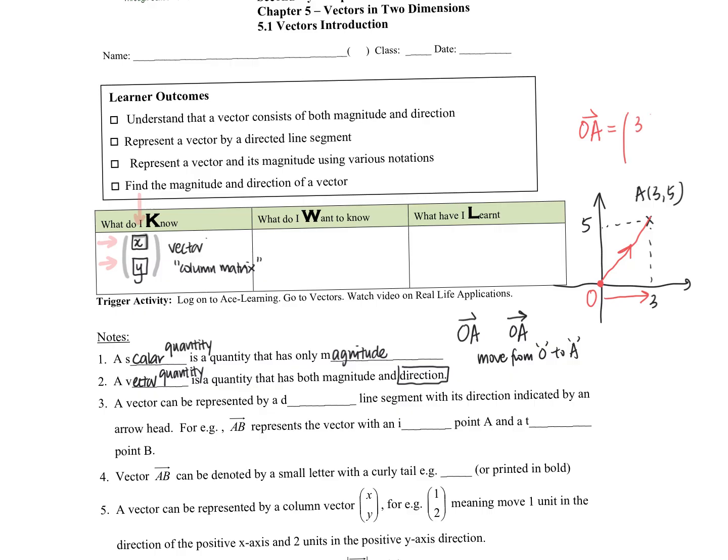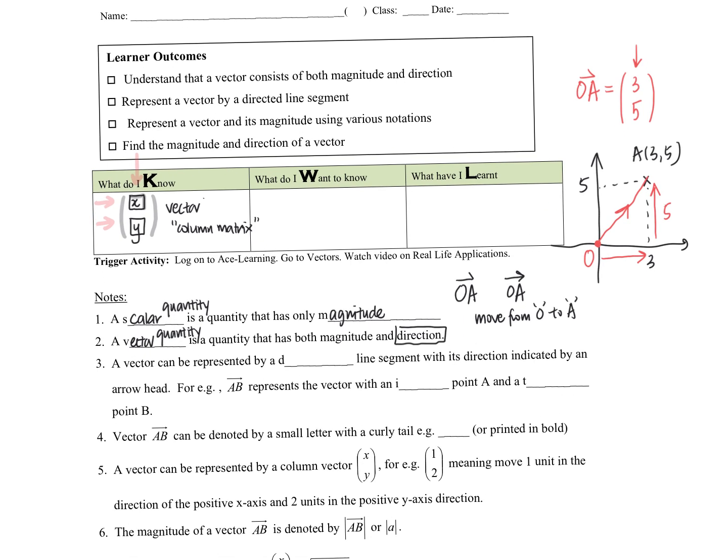Okay, this one tells me the X direction, how many units to move. So 3 units to the right, and then I move up by 5 units. So (3, 5) means moving 3 steps here and then going up by 5 steps. So this is moving from O to A.